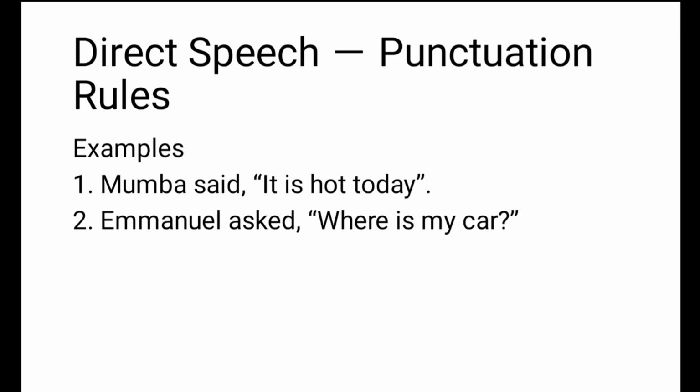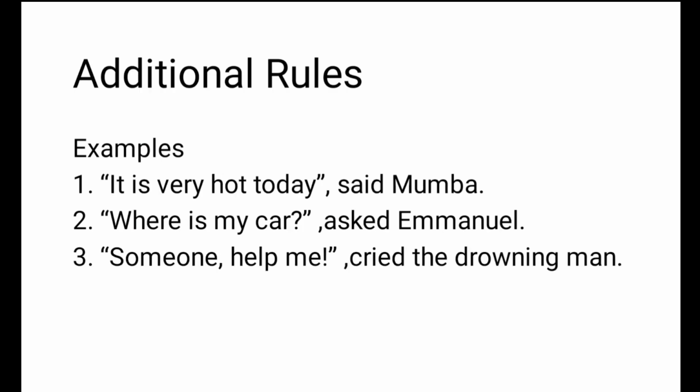All right. So those are the punctuation rules under the direct speech. Then what are some of the additional rules that we have? If the speech tag comes after the direct speech, so the first thing we talked about was the speech tag coming before the direct speech, right? Now, if it comes after the direct speech, we are going to open with inverted commas before the first word of the direct speech.